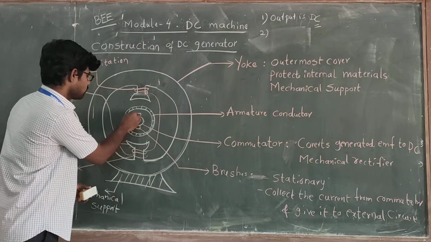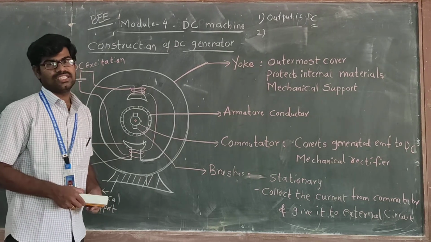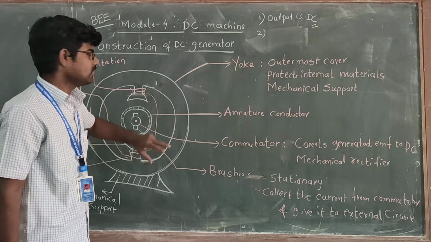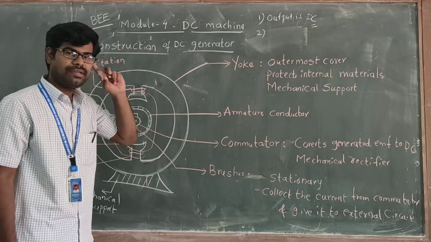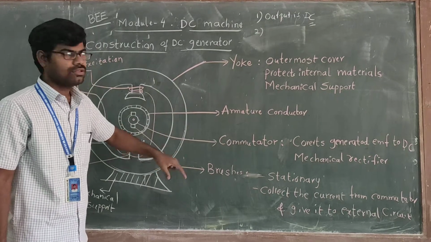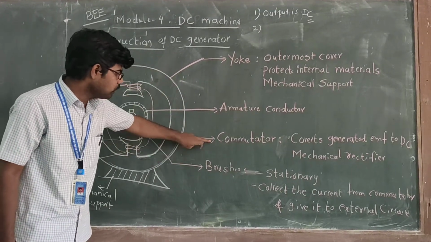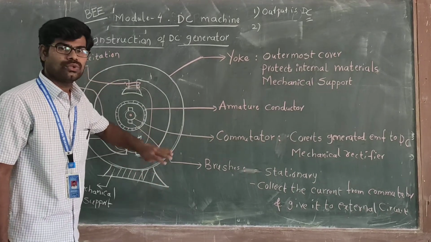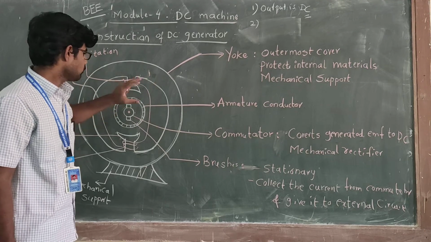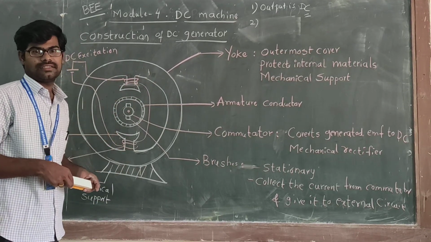From the brushes we take the output supply, which is DC in nature. This is about the construction of the DC generator. In the exam, they may ask about the construction and the explanation of each part, because these are important parts: the yoke, commutator and brushes. This is about the construction of the DC generator. Thank you.